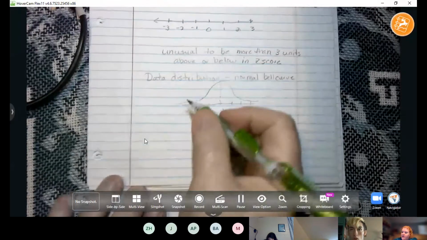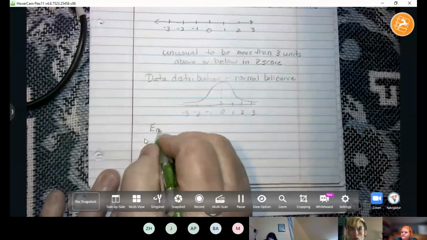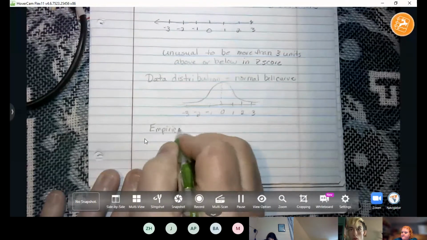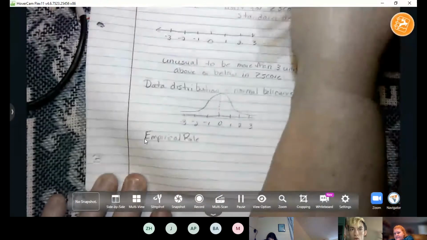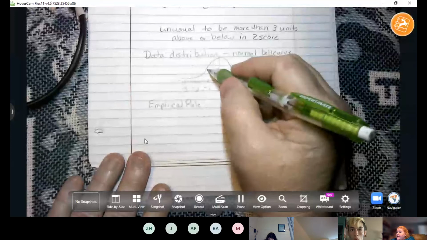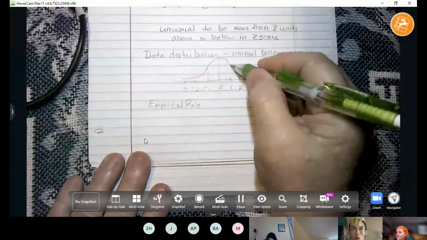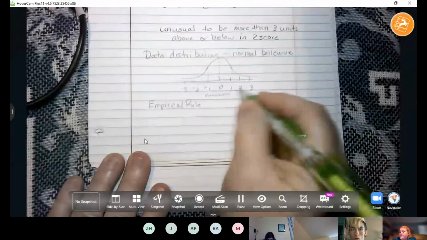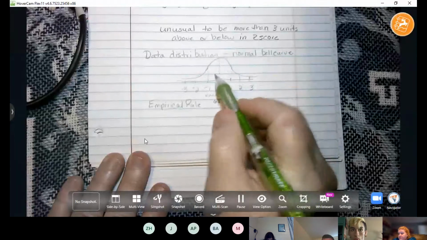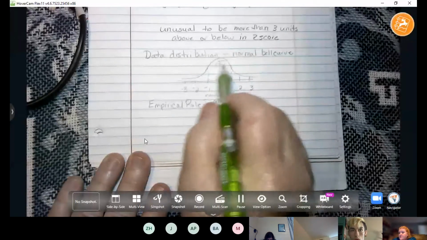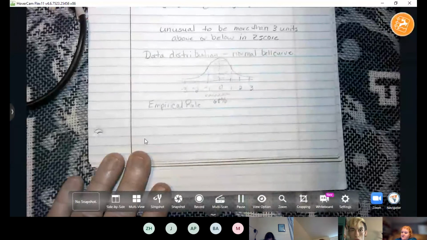So then we get into what's called the empirical rule. Someone has studied and studied this data and said, okay, if I look at one standard deviation away, 68% of all data falls within those 2 deviations.